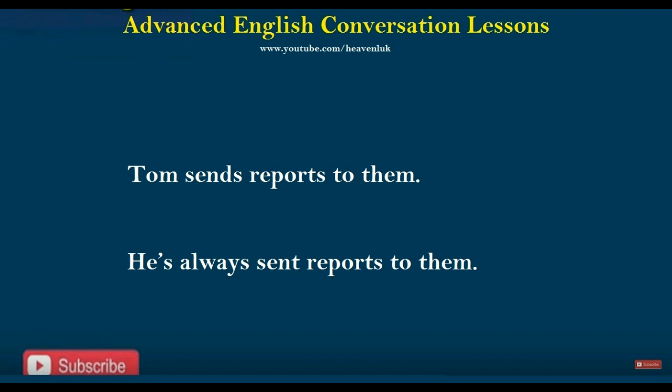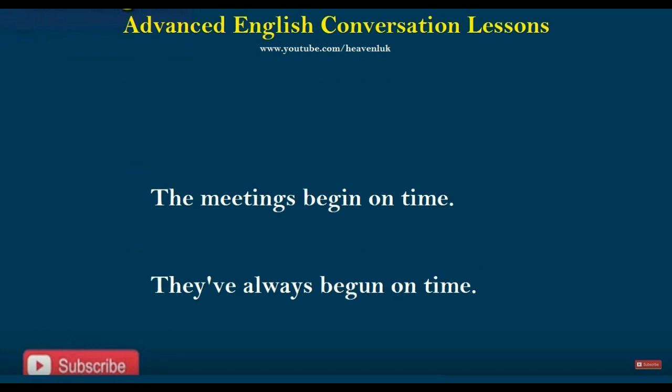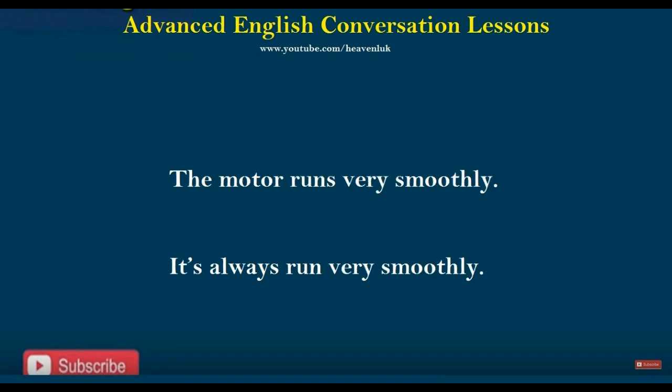Tom sends reports to them. He has always sent reports to them. The meetings began on time. They have always begun on time. The motor runs very smoothly. It has always run very smoothly.